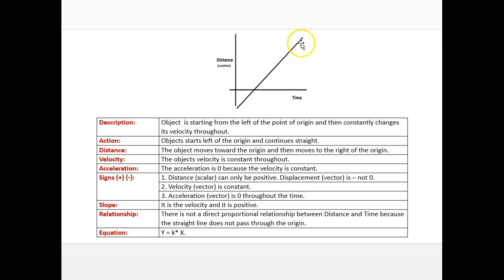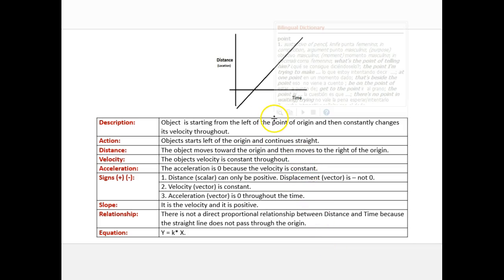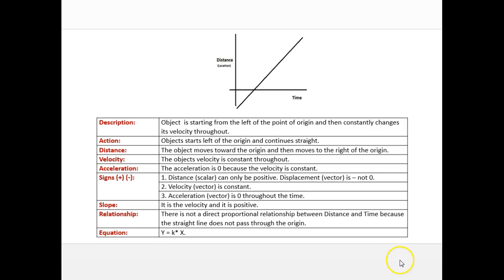Notice that nothing changes in the velocity. The velocity is constantly positive. The only thing that is different is the distance. Now, had this been a velocity-time graph, then the interpretation would have been different.